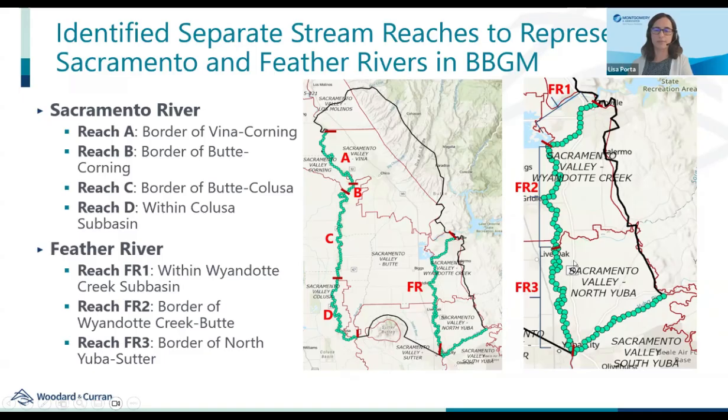And then we have the North Yuba Subbasin, because we're comparing this to the BBGM, compared to the intersection with the Sutter Subbasin. So that's part of our Feather River corridor for those that attended the first two webinars, and then the Sacramento River corridor is the other side here.